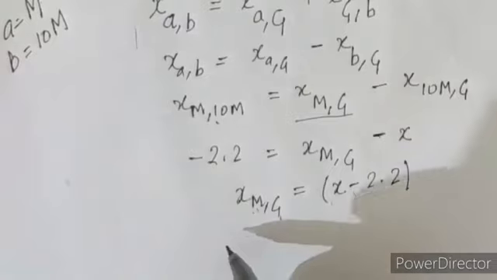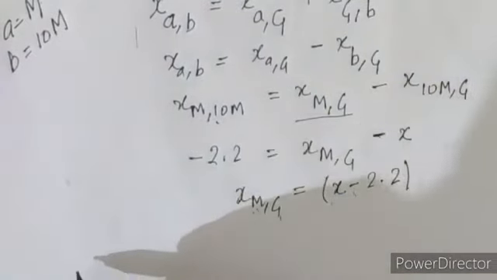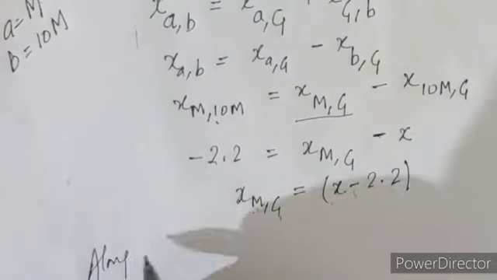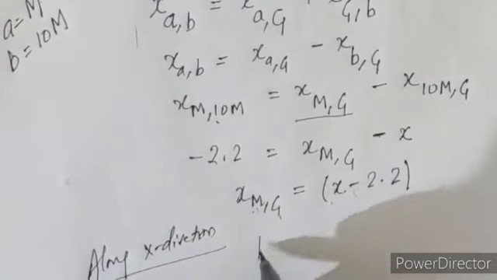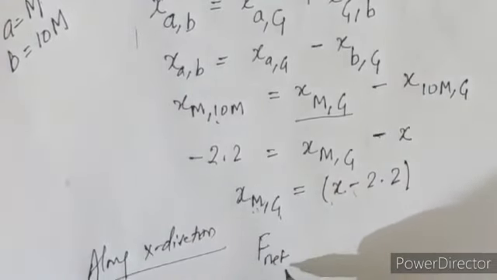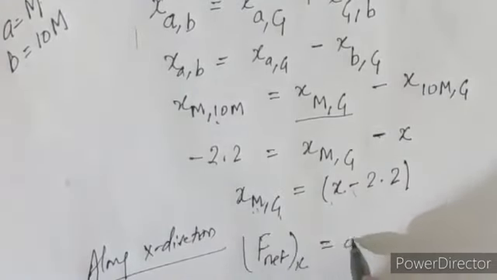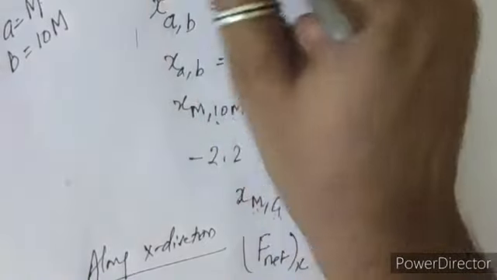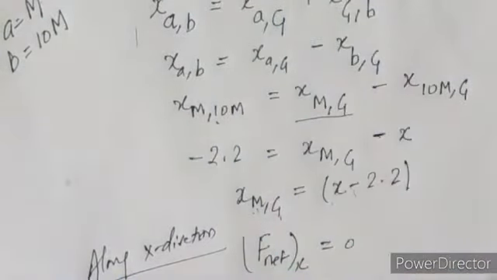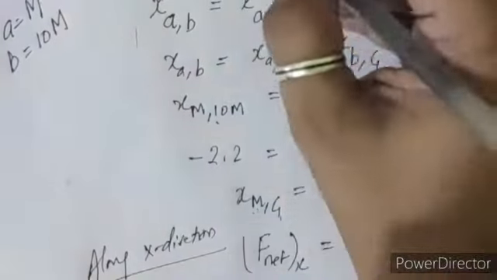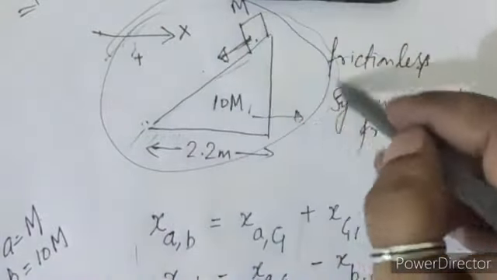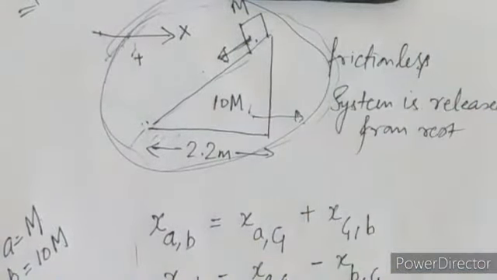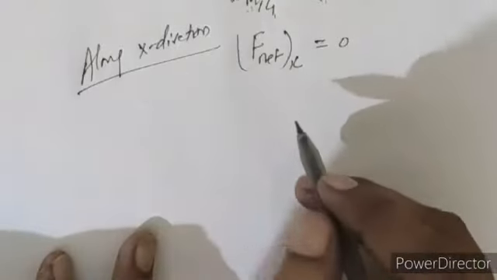Now since this complete system has no net force along the x direction, it is 0. Along the y direction we have many forces, such as gravitational force, but along the x direction, if we take m and 10m as a complete system and see this as a whole, there is no force along the x direction.